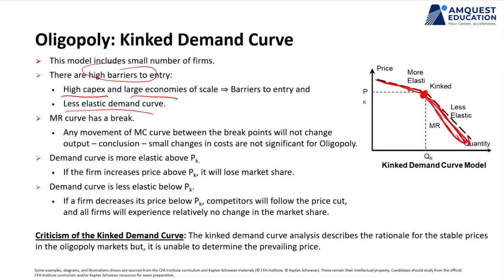Now you'll wonder why is it kinked? The reason is this. Let's say all the mobile phone companies agreed to price their 1 month pack at 300. Let's say Airtel, Jio, and Vodafone said we'll do it at 300. Now, suppose Jio tries to act smart and says, let me increase my price to 350.